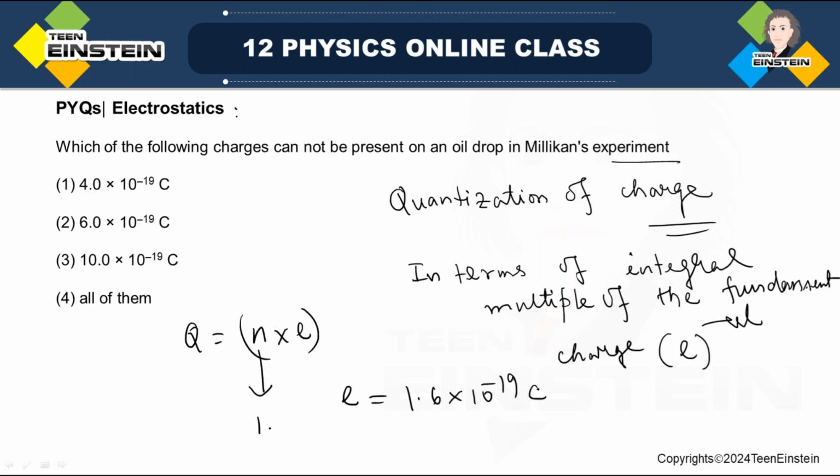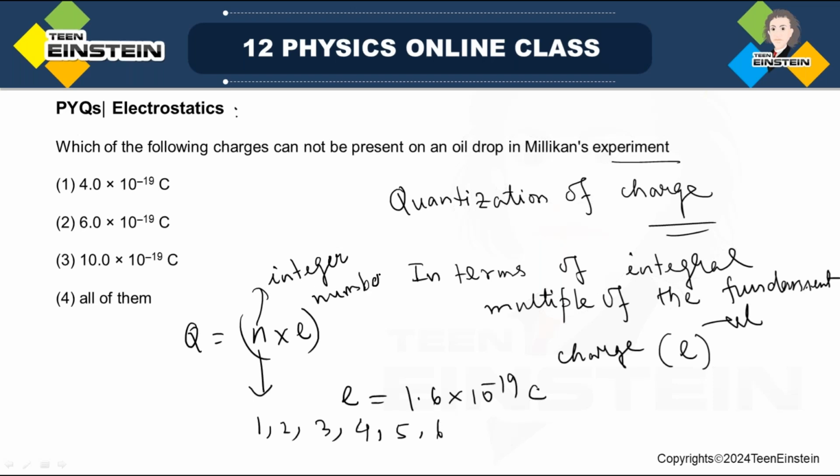This can be 1, 2, 3. It cannot be any odd number, or half integrals, etc. So 4, 5, 6, all these are integer numbers.